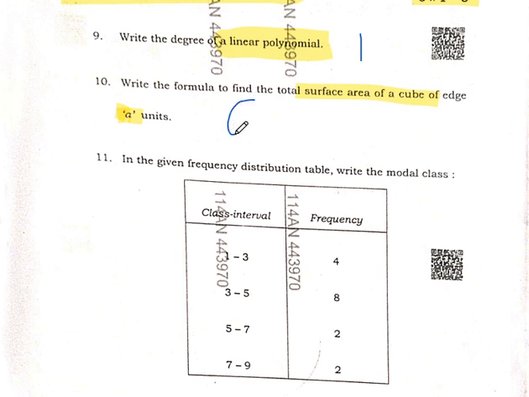Total surface area becomes 6A. So the total surface area of a cube is equal to 6A, where A is the side or edge of the cube.